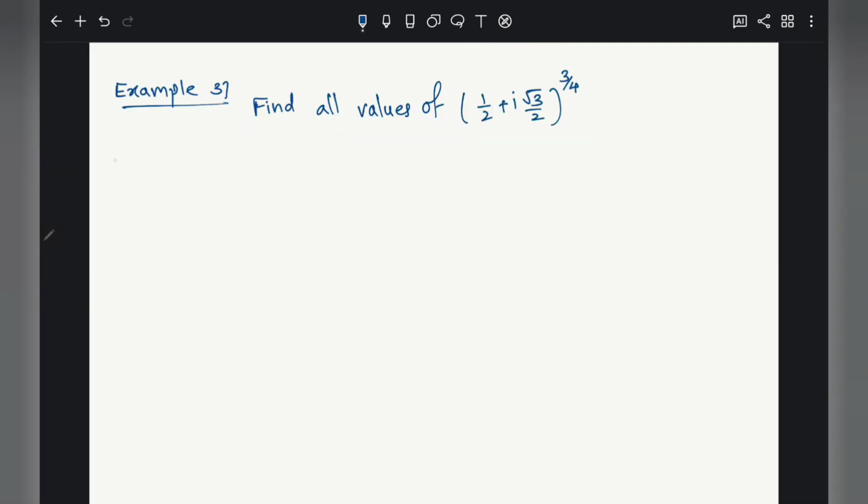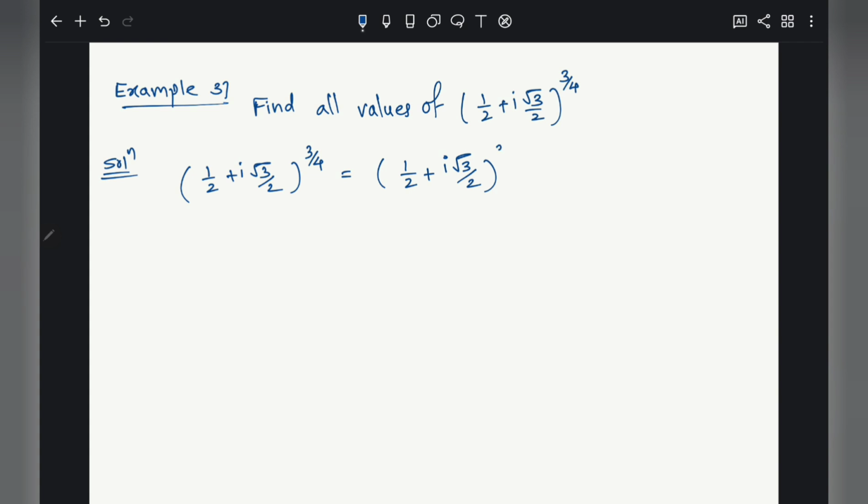So very quickly we will see the solution of this problem also. Here, because it's a fractional power, only one thing we need to note: this complex number which we have taken raised, we need to split it. We have 1 by 2 plus i root 3 by 2.